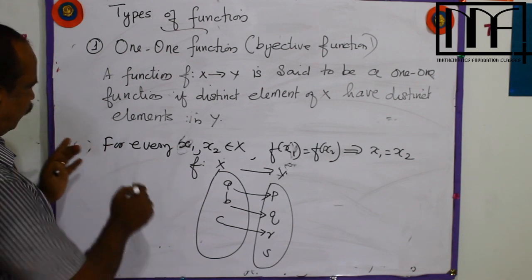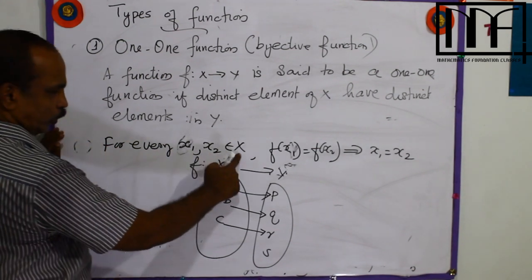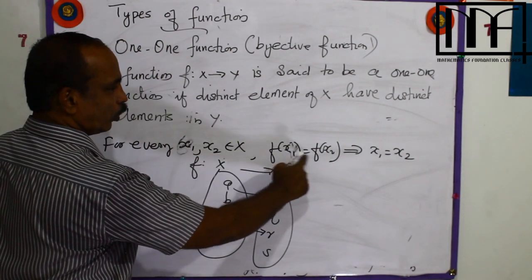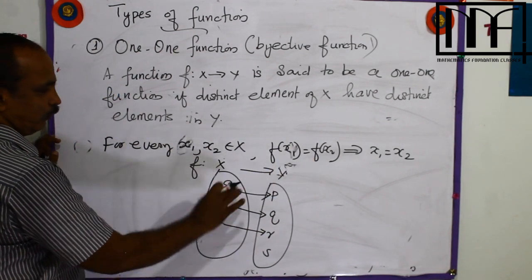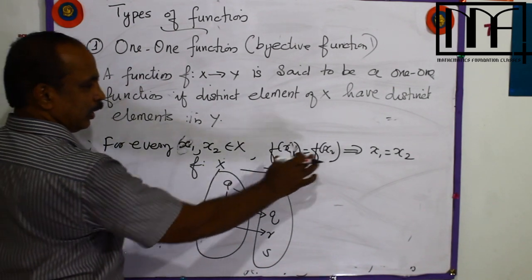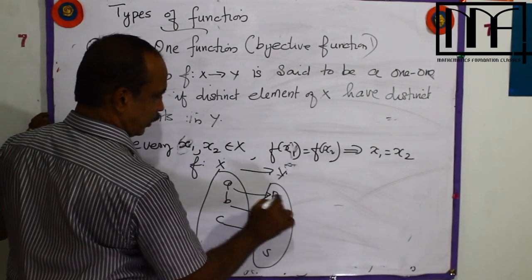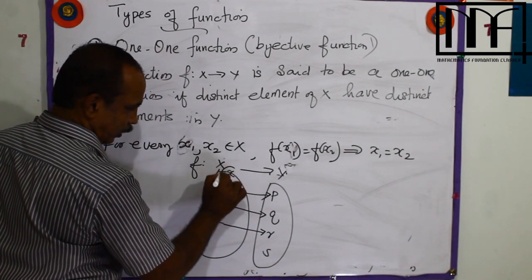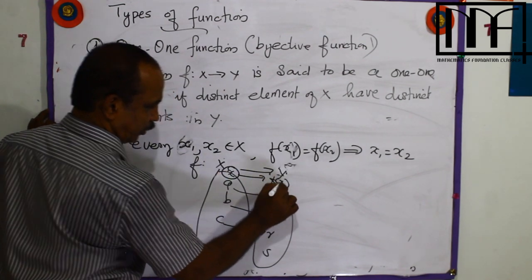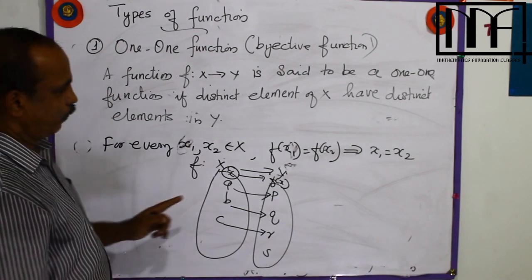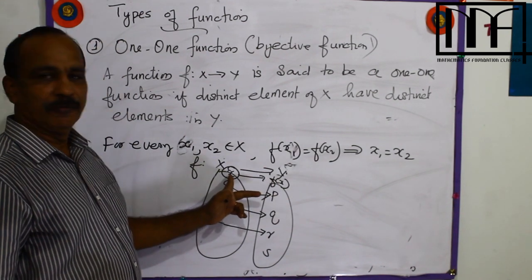And another way of defining it: for every x1, x2 belonging to X, if you take any two elements in X, f(x1) and f(x2) are their images. Here f(x) is the image of x.